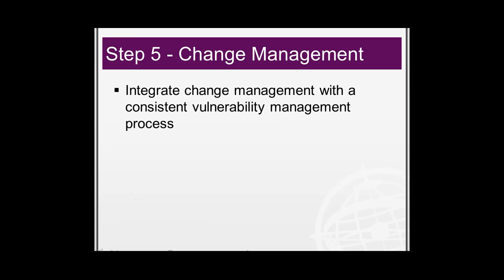Next slide. Step 5, have a good change management process. We know that in our organization, changes occur regularly on our networks and systems, and on many networks and systems, because we might have multiple ones. Software is upgraded, hardware is added or removed throughout the year, and applications are constantly updated, and we have to keep up with those things.